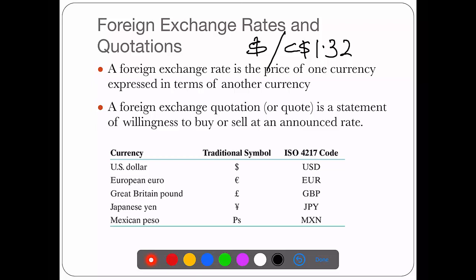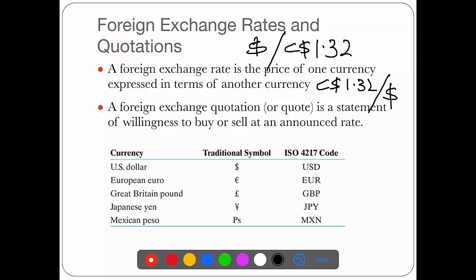One weird thing I have to mention right away: when numerical problems involving exchange rates are given, you need to write it in a mathematical way, which is Canadian dollar 1.32 per unit of US dollar. Very weird, but this is how things are.